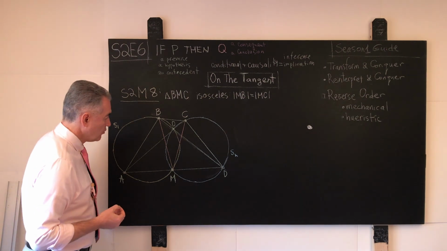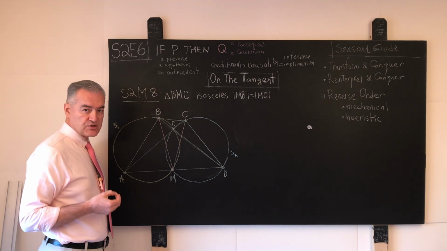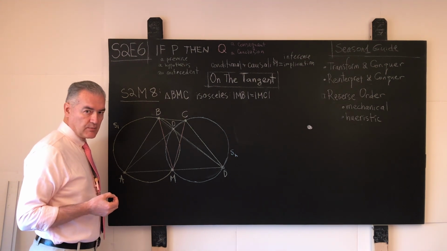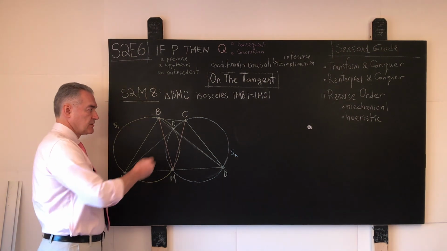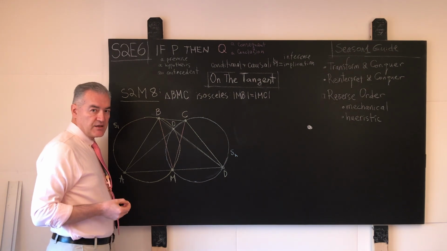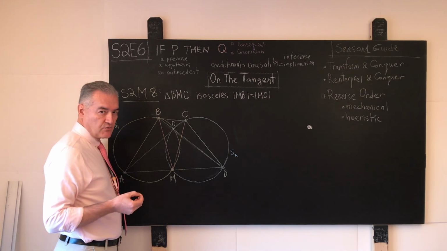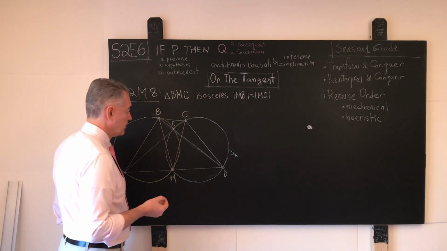Well, according to Euclid's Book 1, Proposition 5, the famous Pons Asinorum, if a planar Euclidean triangle such as BMC is isosceles, then the magnitudes of the angles at the base of the triangle must be equal to one another.